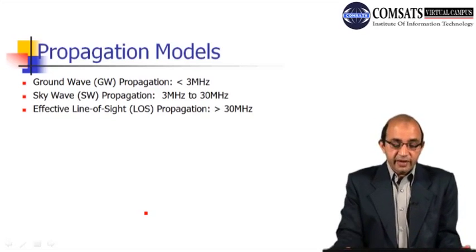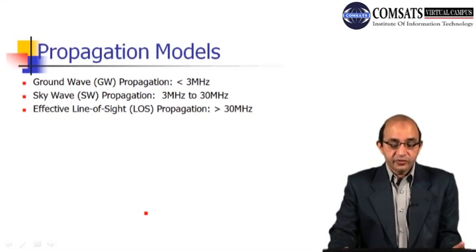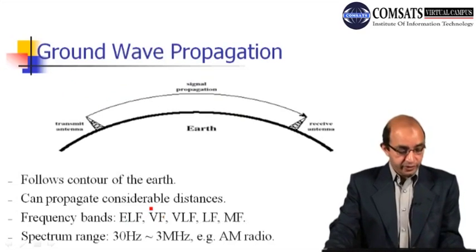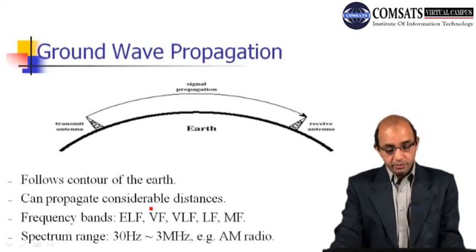For sky wave propagation, we have a frequency range of 3 megahertz to 30 megahertz, and for ground wave propagation, we have less than 3 megahertz, right?